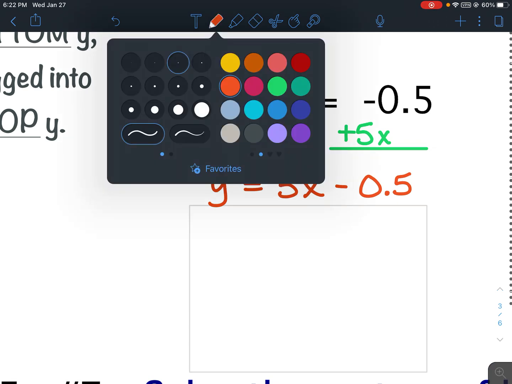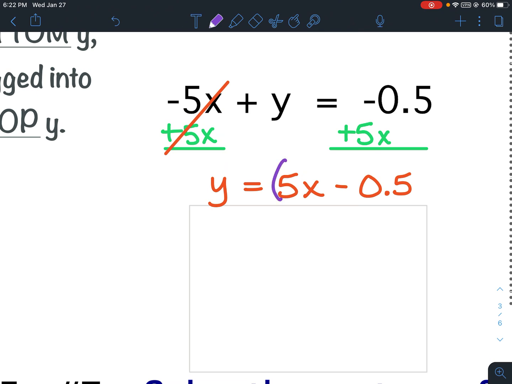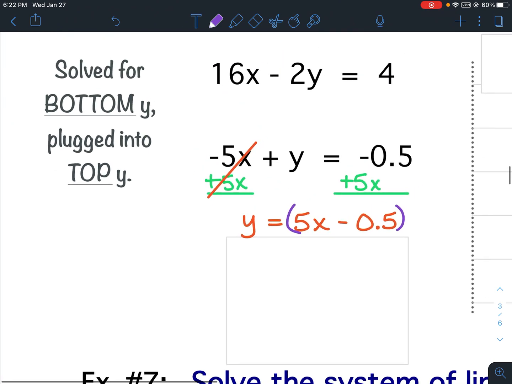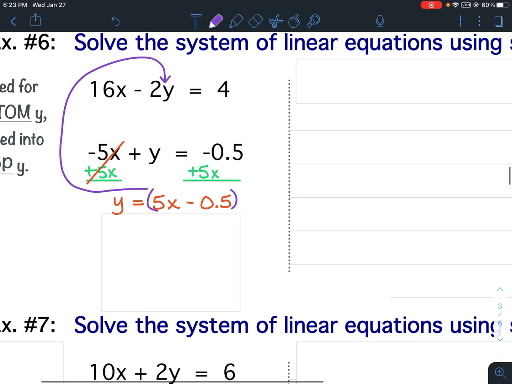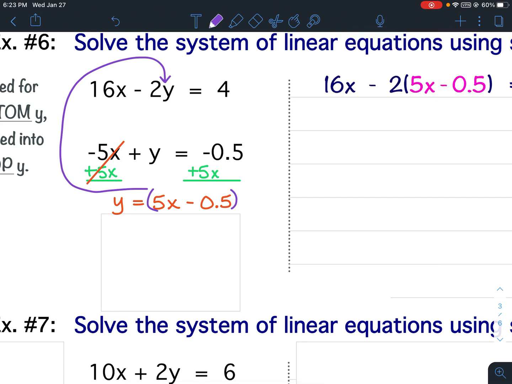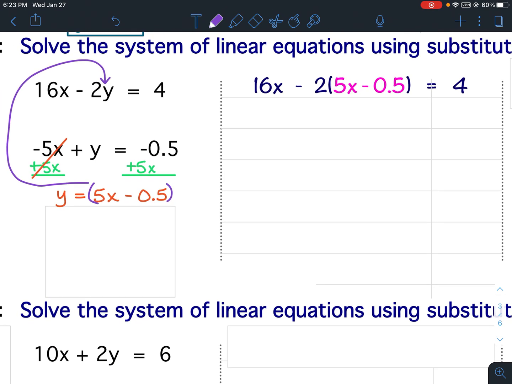All right. So I solved for the bottom y. That will get substituted into the top y. So I'm going to replace y with 5x minus 0.5.